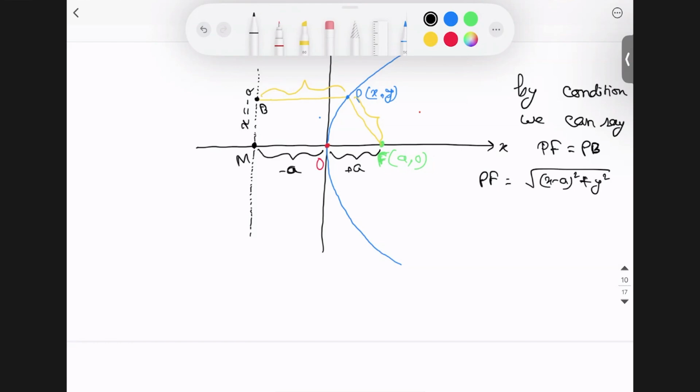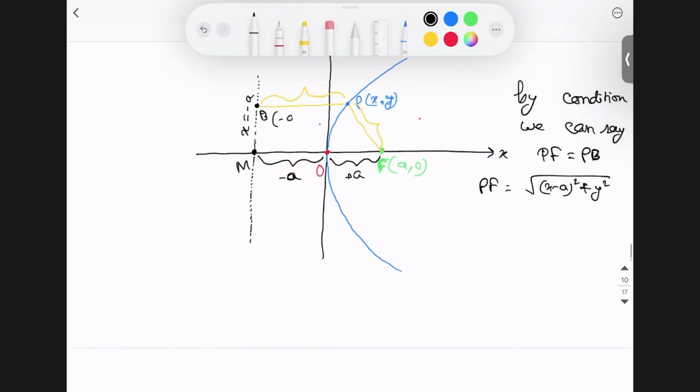If I represent the point B, any point on this directrix has the location (minus a, y). So y can be variable and y should be dependent on this. Any point which is at perpendicular distance from this point P must be in the perpendicular direction on this directrix.